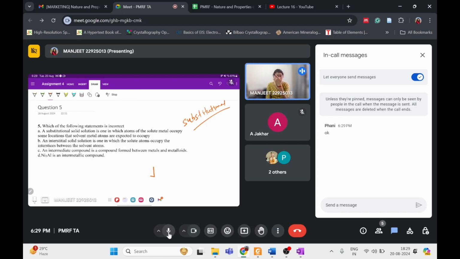Interstitial is where it is not occupying the motif or lattice site, but occupying the space in between them. So that is my interstitial solid solution. Intermediate compound: whenever any kind of reaction is happening.